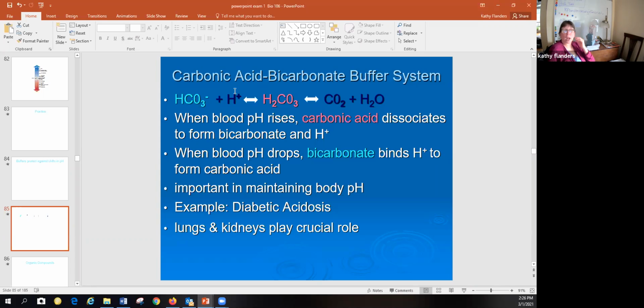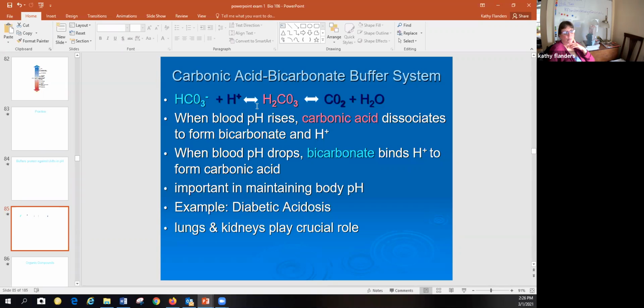And remember, the more hydrogen ions that we have, the lower the pH, the more acidic, right, Katie? The more hydrogen ions, the more acidic. Yes. All right. So this is a way that we can bind hydrogen ions so that we don't have free hydrogen ions.